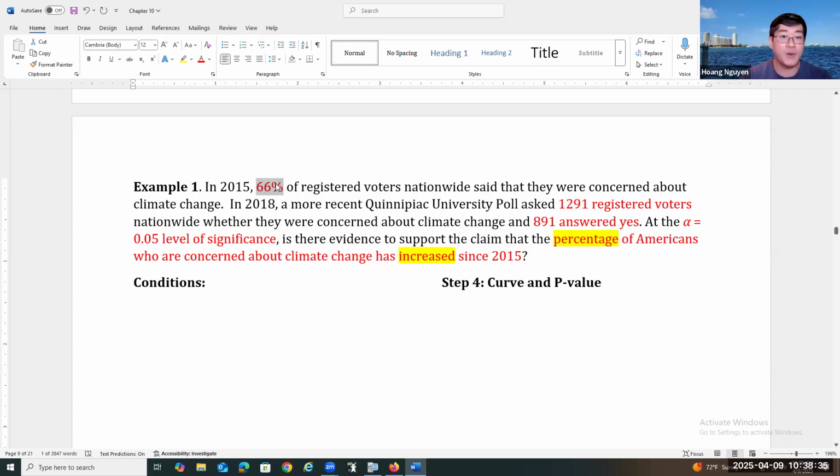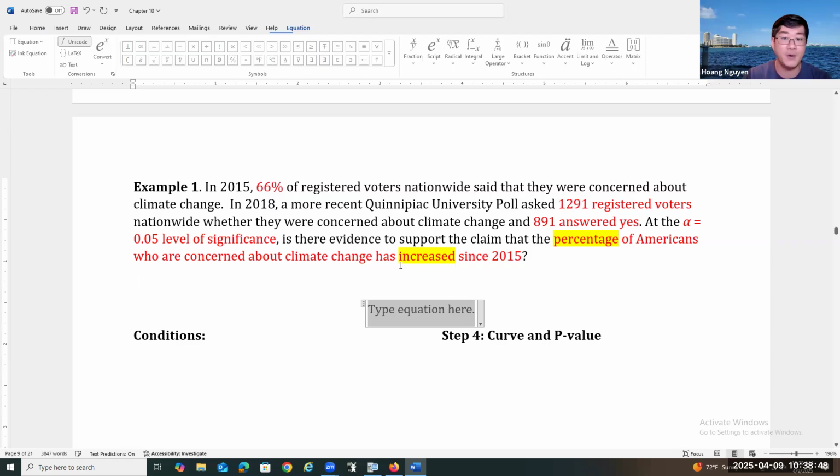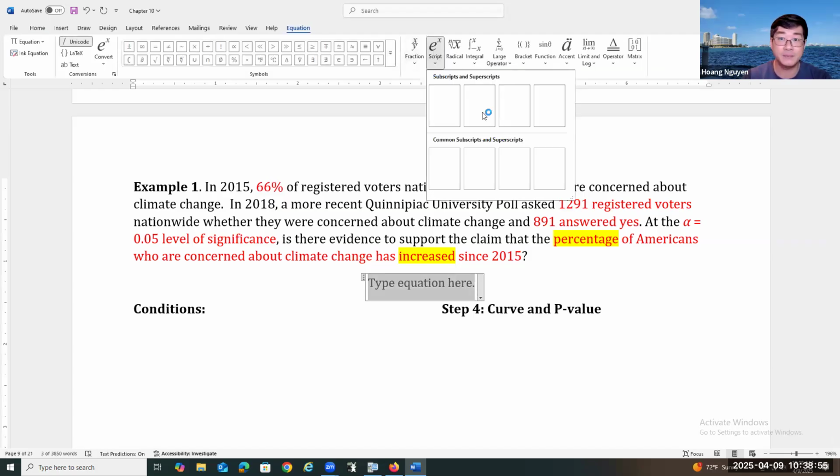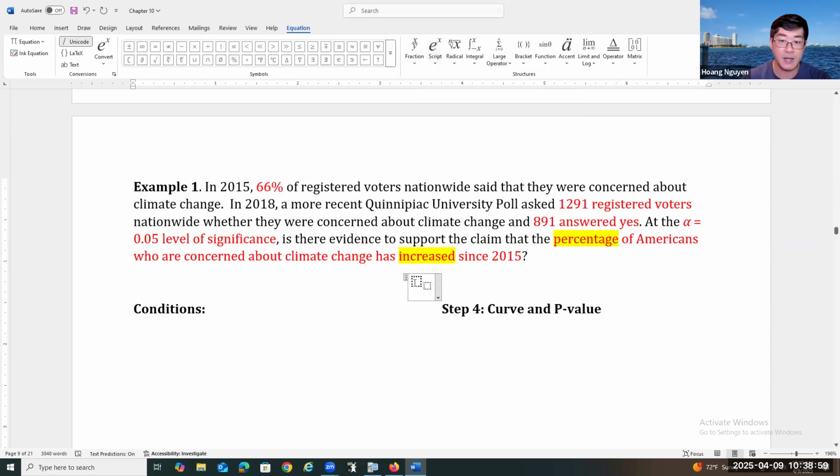So this is the original population proportion, P0. This is the sample size n. Let me summarize the question real quick. P0 is 66%, or 0.66.